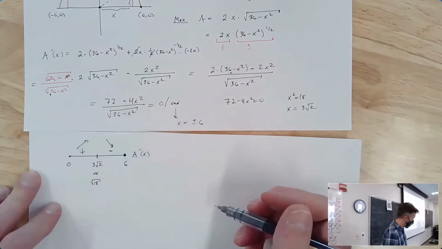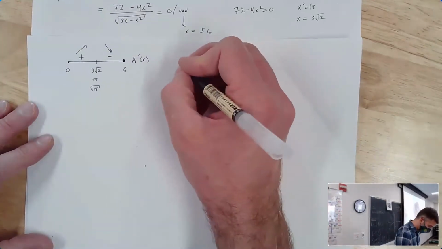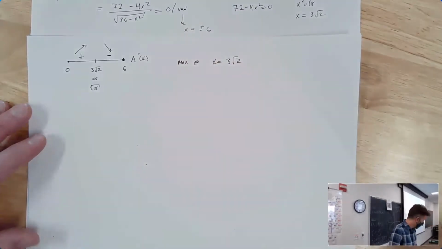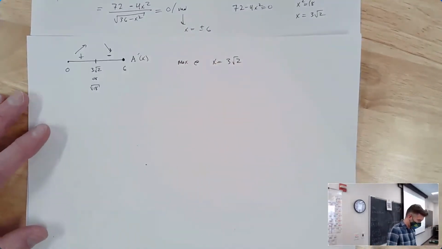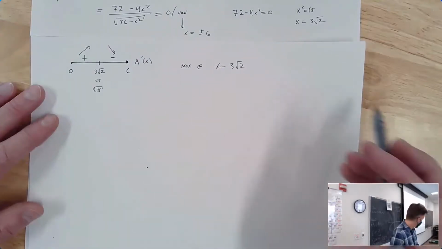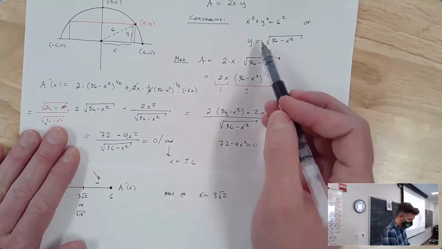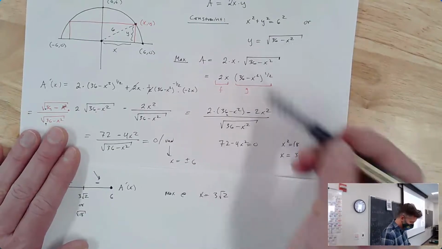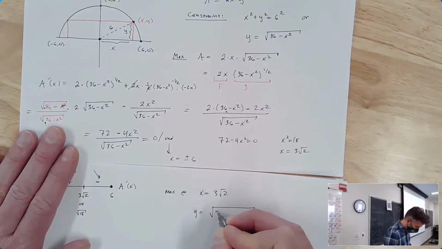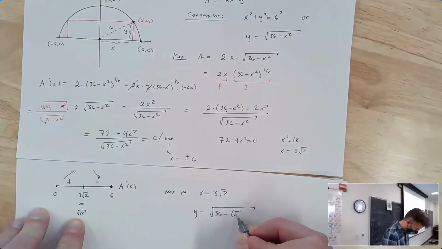So yeah, it's a maximum. So we definitely have a maximum at x equal to 3 root 2. So we wanted to find the dimensions. And if we look back, we know that y was equal to the square root of 36 minus x squared. So y is going to equal the square root of 36 minus the square root of 18 squared.